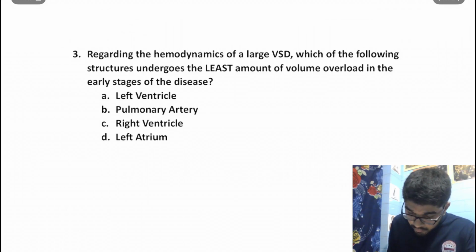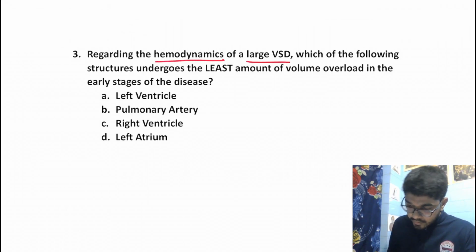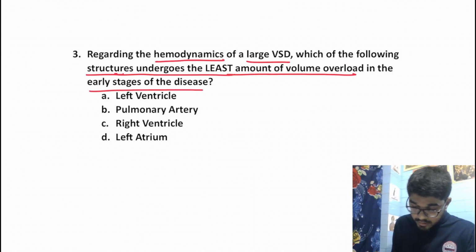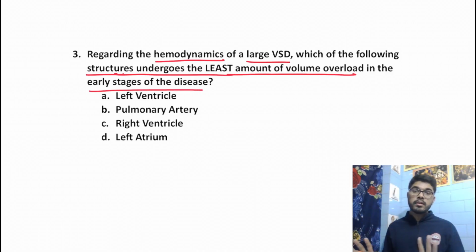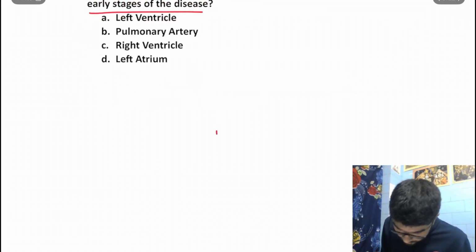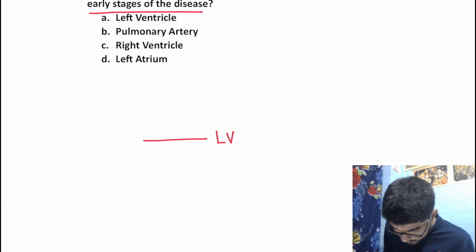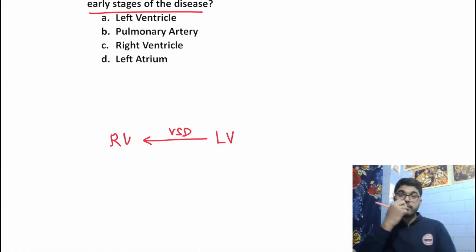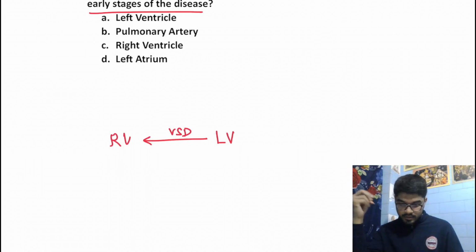Now regarding the hemodynamics of a large VSD, which of the following structures undergoes the least amount of volume overload in early stages of the disease? Now the pathophysiology of all these things is quite important. Let's have a look into the pathophysiology of a VSD. What happens in VSD? There is a shunt of blood from the left ventricle to the right ventricle via the ventricular septal defect.